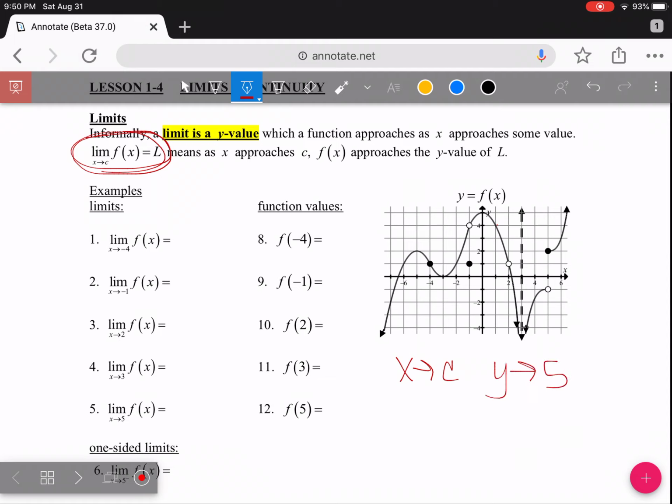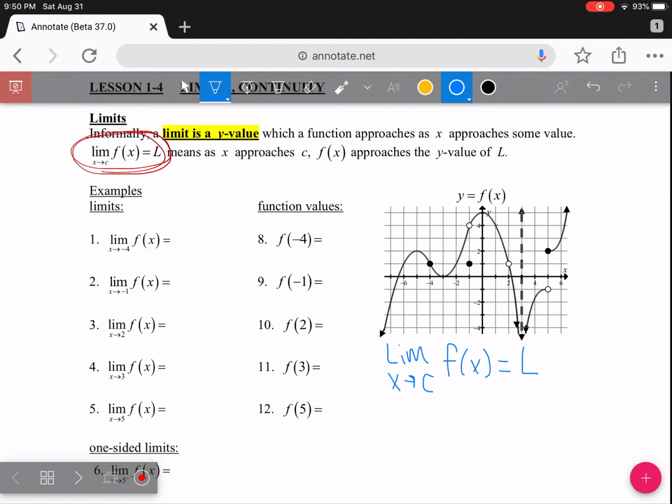Nope, that's not how you're going to write a limit either, okay? You're going to write the limit as x approaches some number of f of x equals some other number. That's how we write limits.